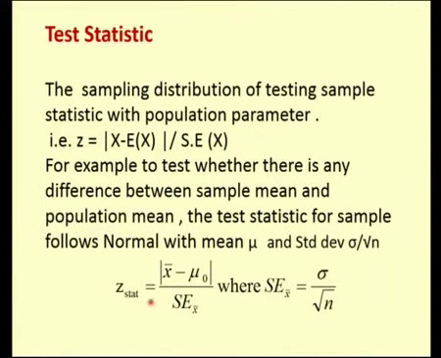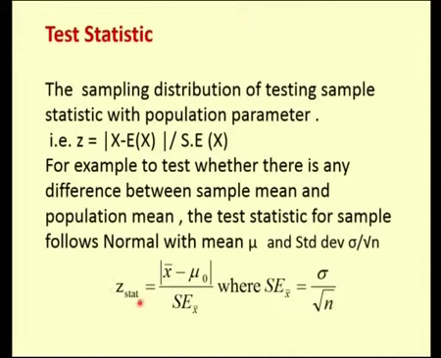I have given you an example for framing the test statistic. This is a normal distribution, and we are taking a large sample. For example, to test whether there is any difference between the sample mean and the population mean, the sample mean is also normally distributed with mean mu and standard deviation sigma by root n. Sigma is the population standard deviation, so your standard error will be sigma by root n.